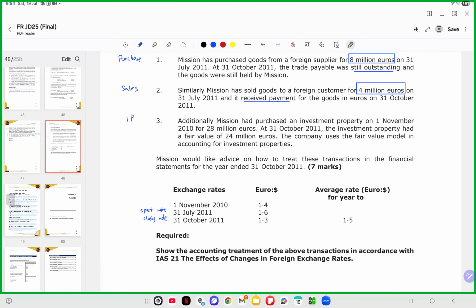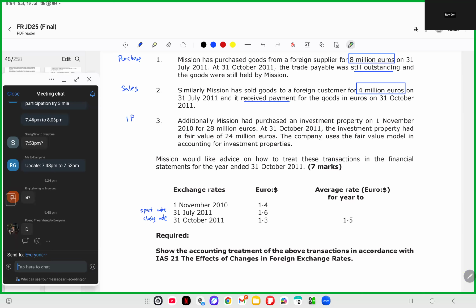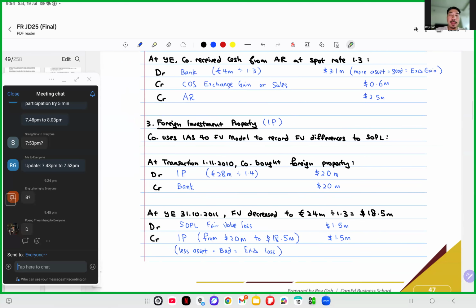Finally, you buy investment property. The value is euro 28 at the date of purchase, and at the year end it is 24. So your fair value has dropped and your currency has also weakened. Two impacts.